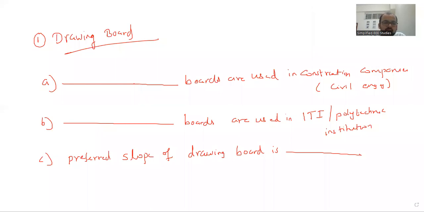Let us discuss a few more points which are very essential from the exam point of view. Point number 1: boards are usually employed in construction companies for civil engineers. What are the types of boards?